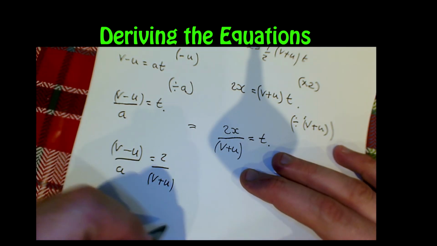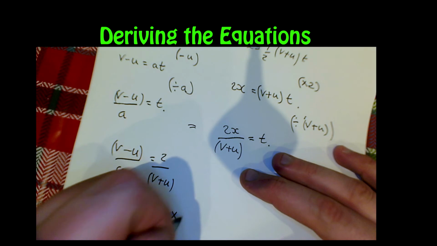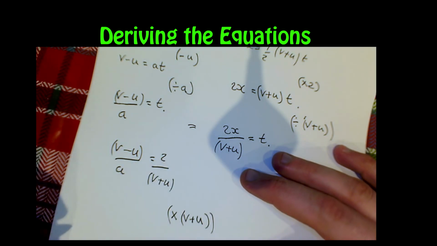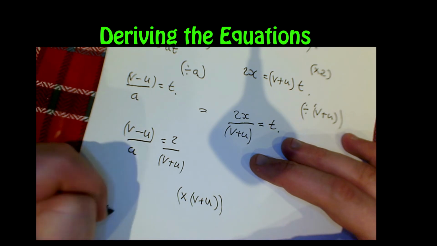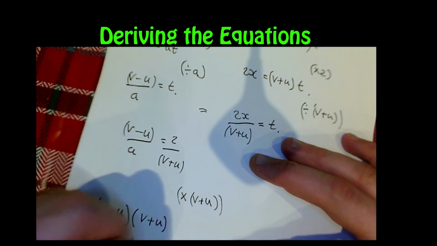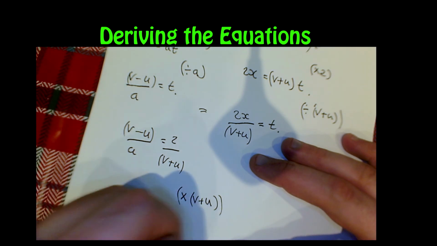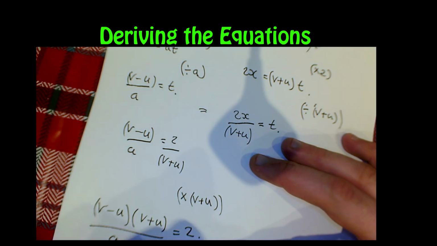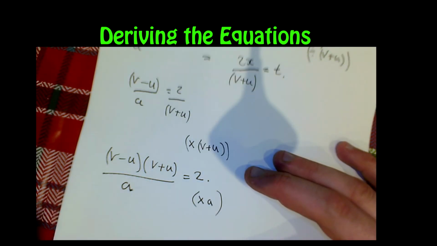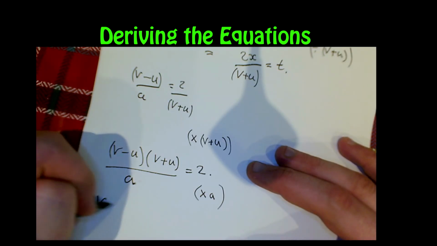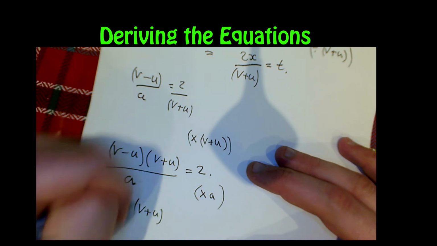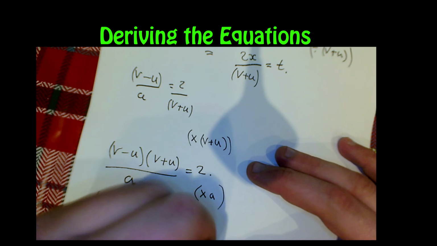So first thing I'm going to do is multiply by (v plus u). So I get (v minus u)(v plus u) all over a equals 2x. Then I'm going to multiply by a. So I'm going to get (v minus u)(v plus u) equals 2ax.